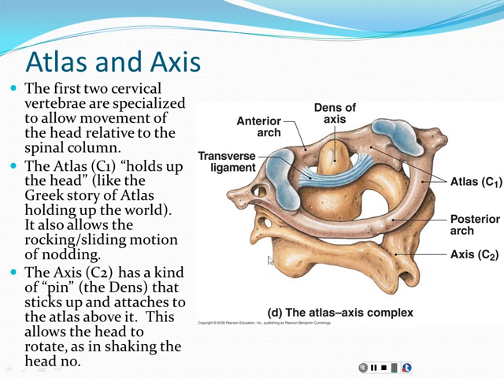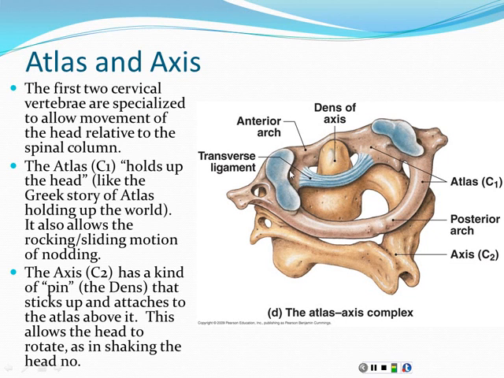Now the next one down, the C2, is called the axis, and an axis is a pin or a center, a thing that allows something to spin. And the C2 has an axis. We call it the dens. Sticking up from the vertebral body of C2 is this little bony knob.